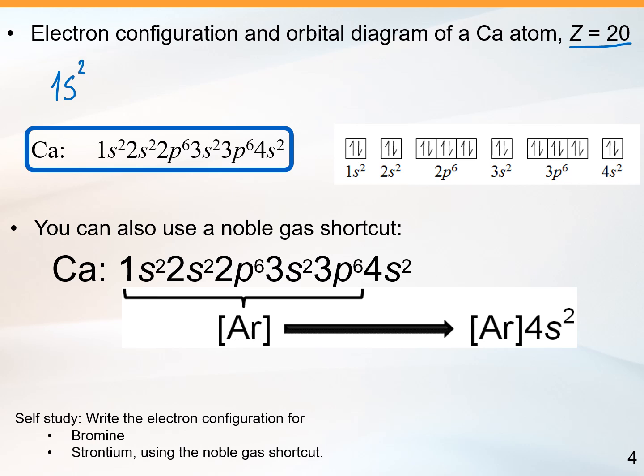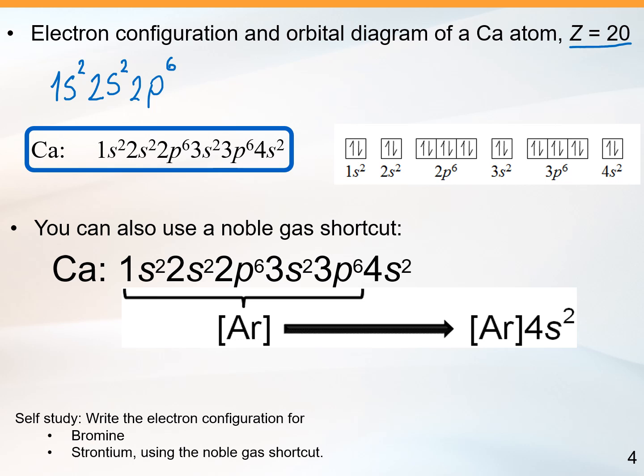So therefore we say 1s2. Then we move on to the second shell, because the first shell has only 1s. So the second shell starts with the 2s, which can take a maximum of 2. Next, we've got 2p orbitals, and there are 3 p orbitals if you remember. Therefore, a maximum of 6 electrons are allowed.